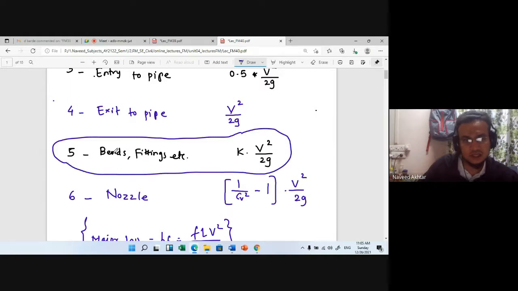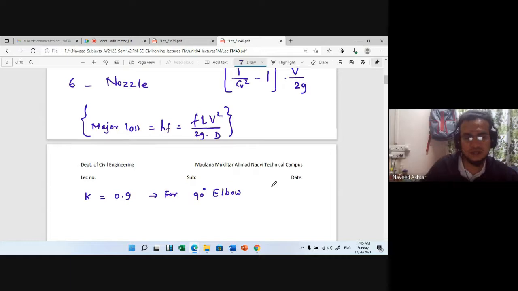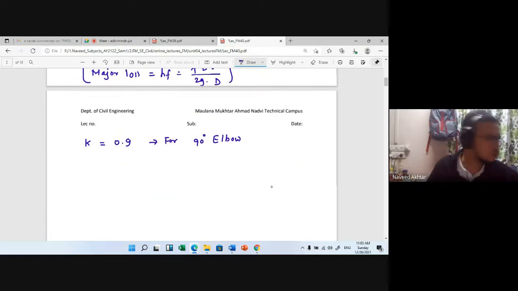And the values of K in case of bends and fittings, etc.: the value of K is equal to 0.9 for a 90-degree elbow. To provide a pipeline 90-degree elbow, and the value of K is 0.49.